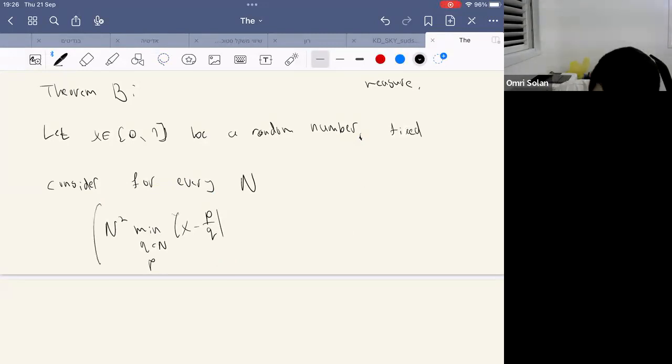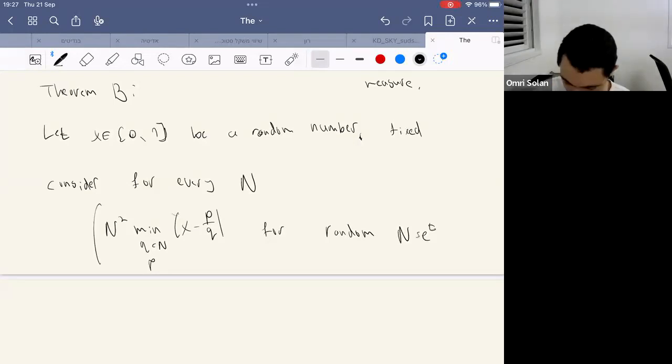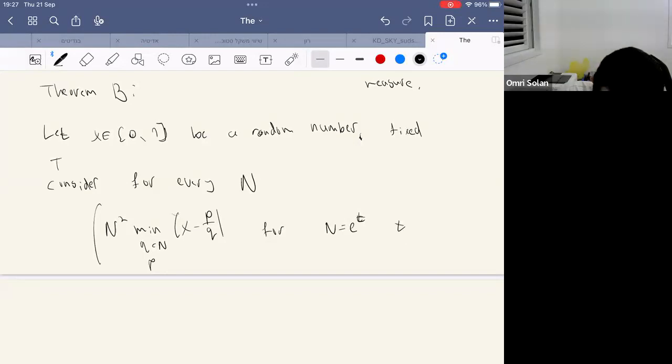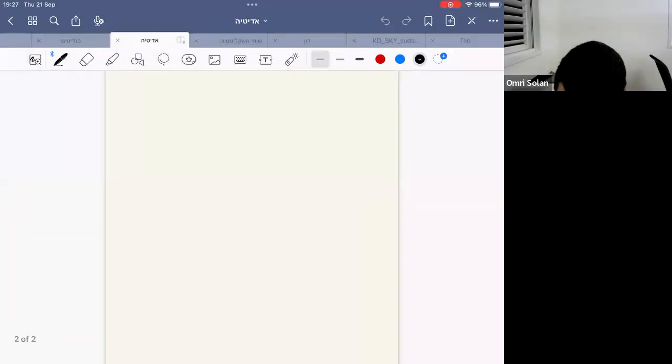I consider this number for random n, for n equals e to the power of t.